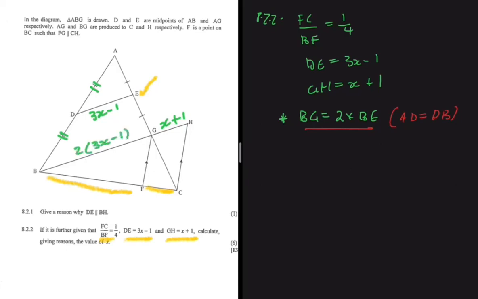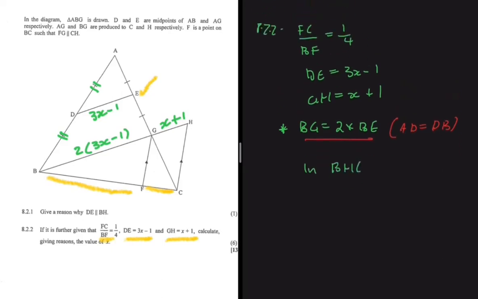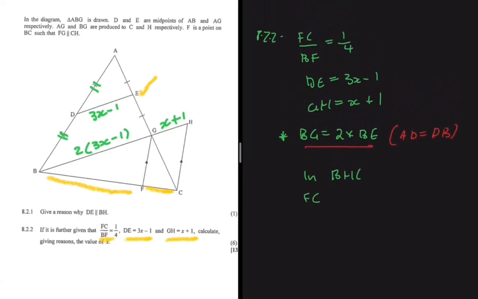So now using that triangle BHC, we can say that in triangle BHC, FC divided by BF should be equal to GH divided by BG. And why are we saying that?